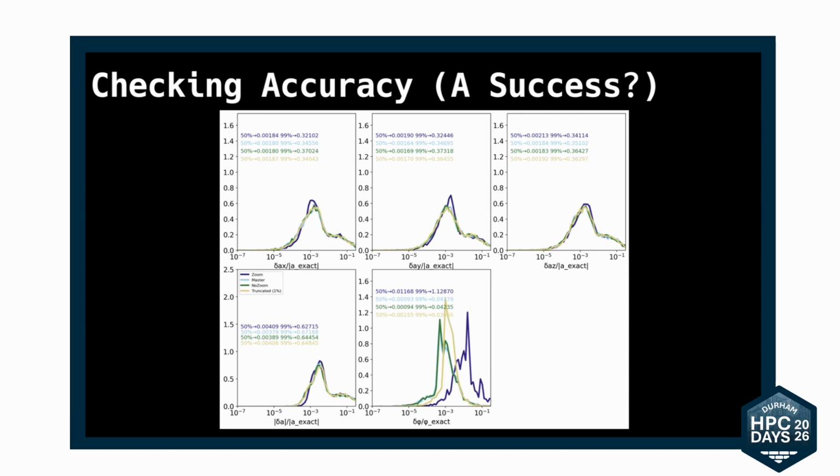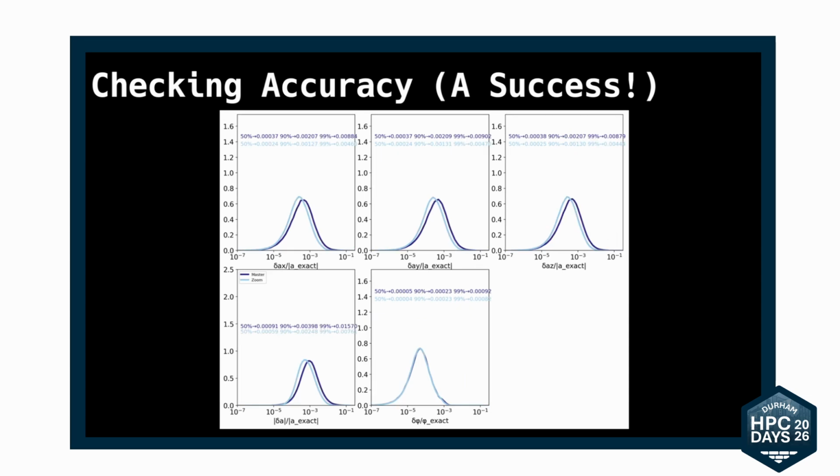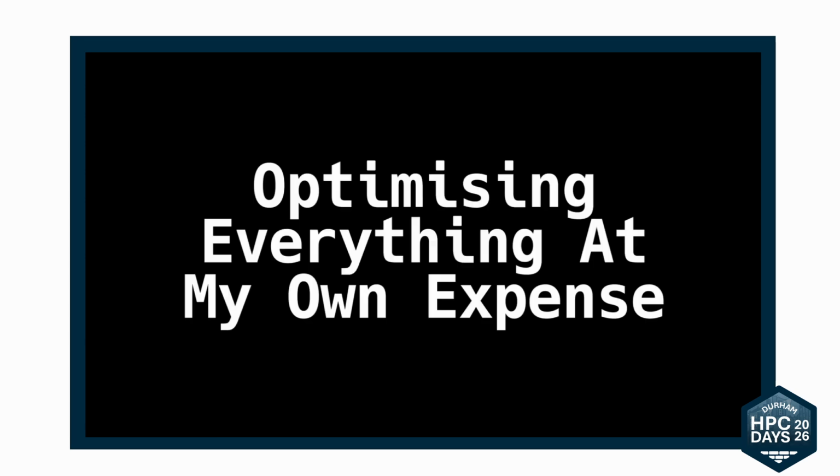What's going on here? And it turns out it wasn't my fault. It's actually that part of the code was not fully implemented for this test. And if you do go back and implement that, everything is fine. And in fact, the zoom code is more accurate than the standard box code. And that's just because you're resolving the box better naturally. So that was a fun little adventure into other people's code being involved, not just my own.